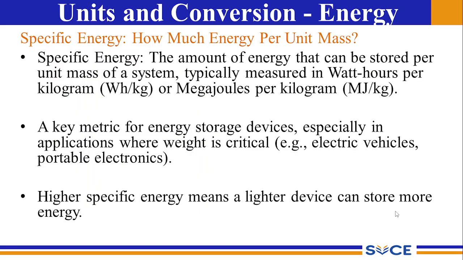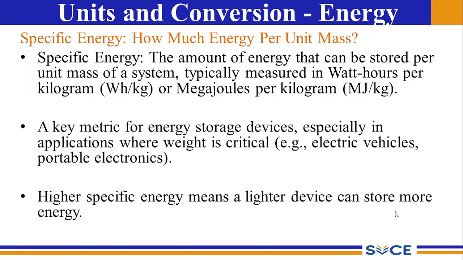The next one is about specific energy. As discussed in the last few lectures, we are talking about the amount of energy per unit kg or mass. Specific energy is the amount of energy that can be stored per unit mass of a system. It's typically measured in watt hour per kg or megajoule per kg.